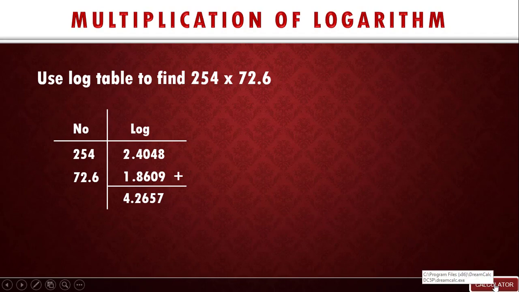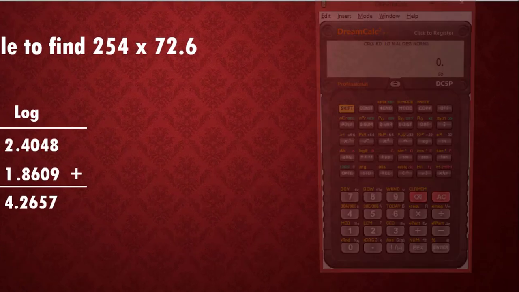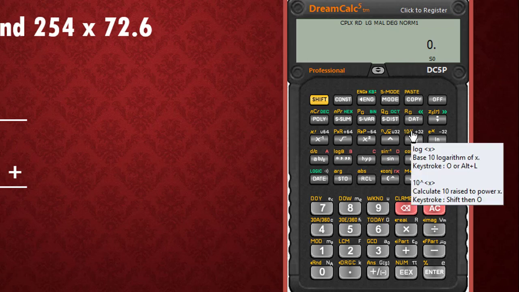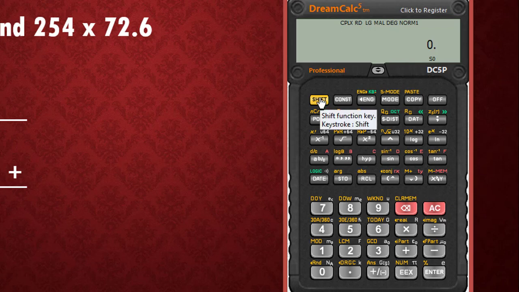So fire on the calculator, and this time around, we have 10 raised to the power of something here. That's our antilog. So to actually do that, you need to press down your shift on your calculator, or some calculators might have a second function. So press down the shift. It's going to indicate that the shift is right there.